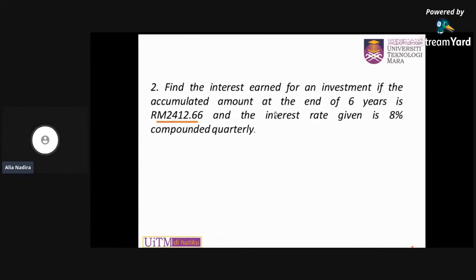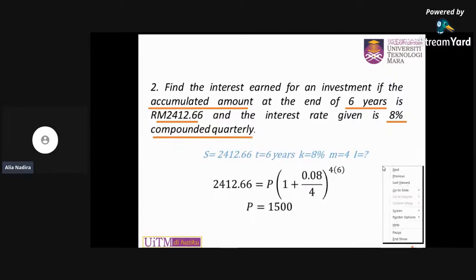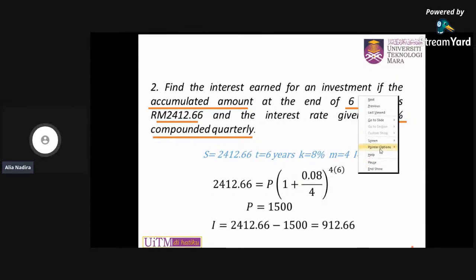Okay, so next, the same one. Find the interest earned for an investment if the accumulated amount is 2412 and the interest is compounded. For this example, you want to find interest, but we don't know your P. So what we need to do is find your P first. Your S is 2412.66.